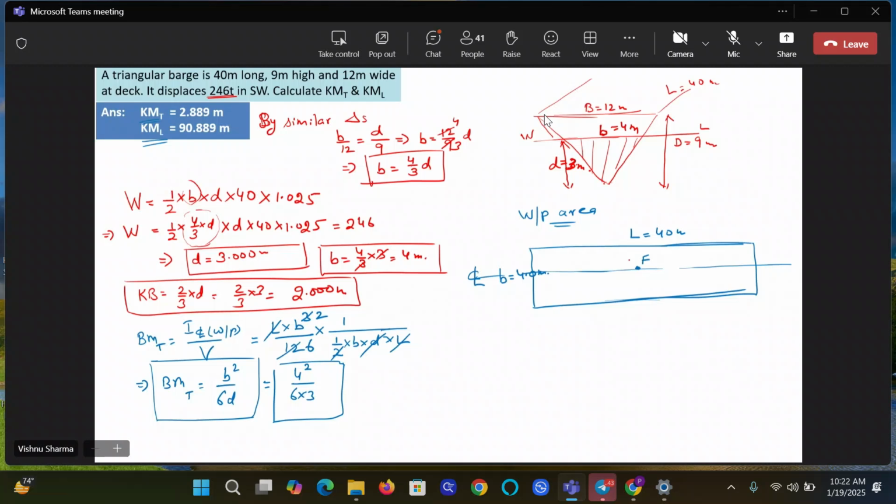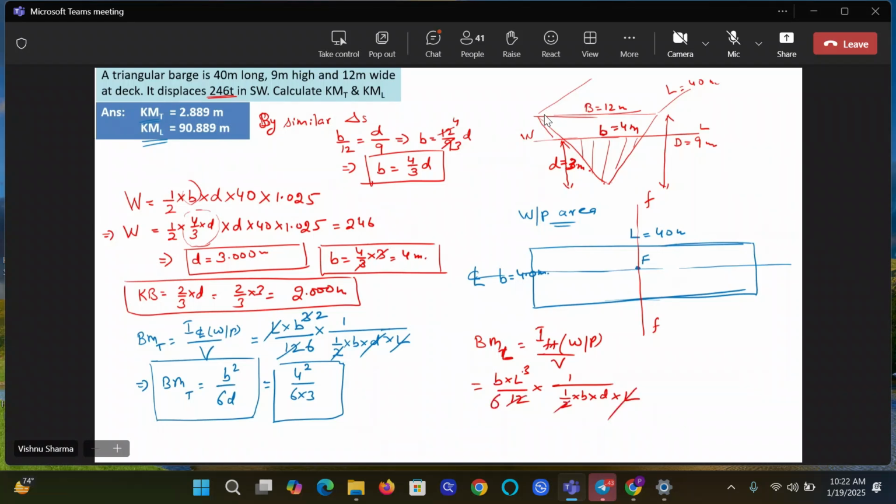That's all. For BML, we draw athwartship axis, so center of flotation. BML will be equal to IF of the water plane upon volume of displacement, which will be B into L cube by 12 into 1 by 2 into B into D into L. This makes it 6.